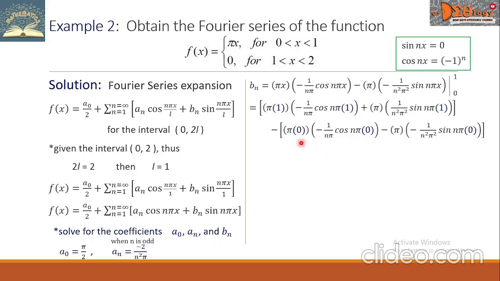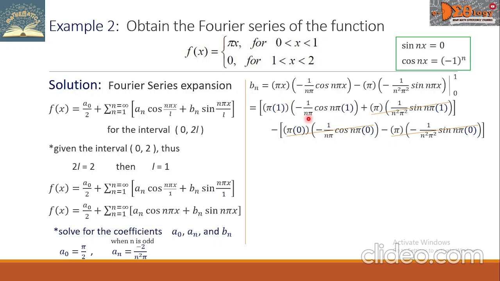In the group here, there is a factor of 0, so this group is also cancelled. For the group in here, the sine of n pi times 0 will give sine 0, and sine 0 is also 0, which means we cancel the three big groups. We will have the value of b sub n based on this group only.